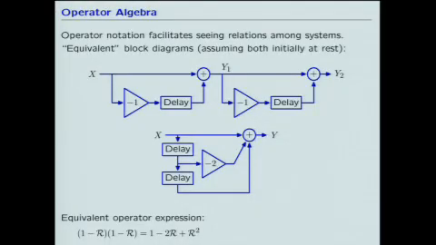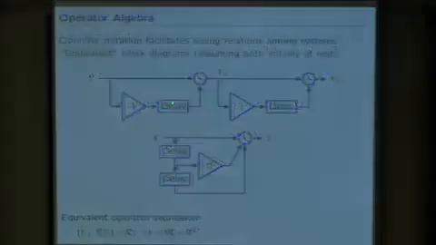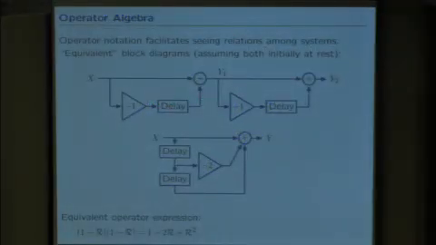So you can get a feeling for the power of this by looking here. Among other things, you'll be able to use the operator representation to prove equivalences. Here's a system that we looked at before that was the cascade of two simple delay systems.